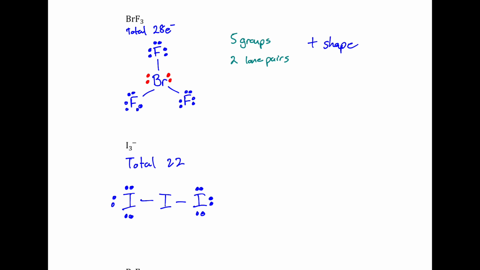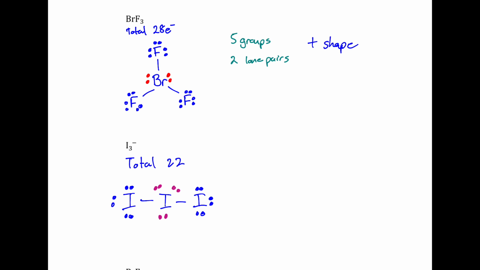Okay. I have used up, let me count through, 2, 4, 6, 8, 10, 12, 14, 16. I have 6 left. That's 3 pairs. 1, 2, 3, 4, 5, 6. This should be 22 now. Is that 22 now? Yeah. Okay, great.